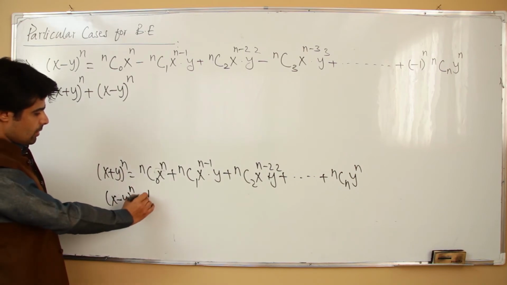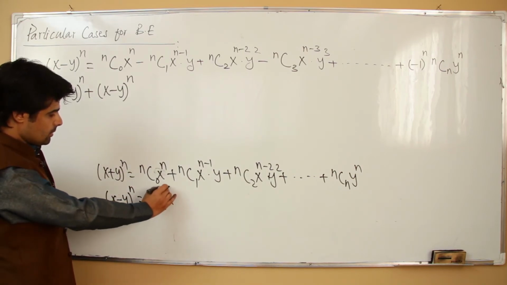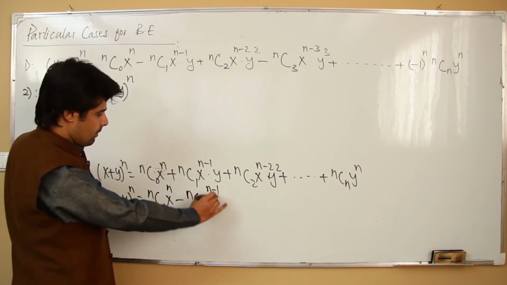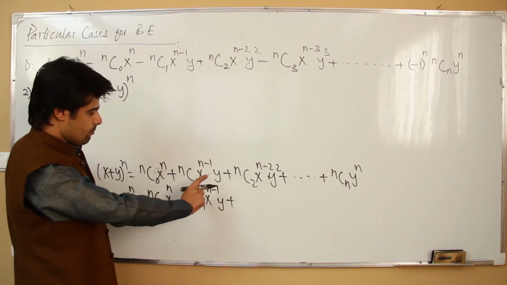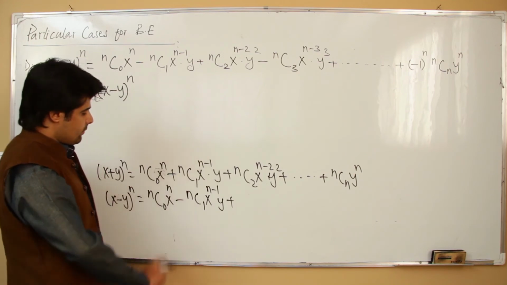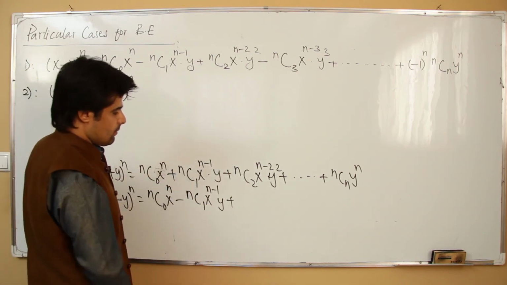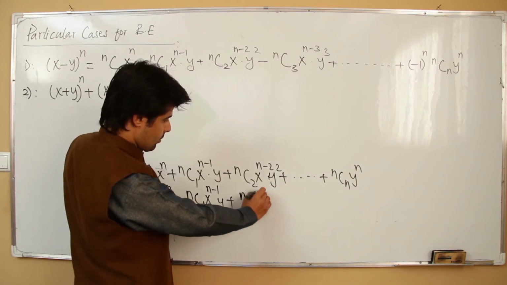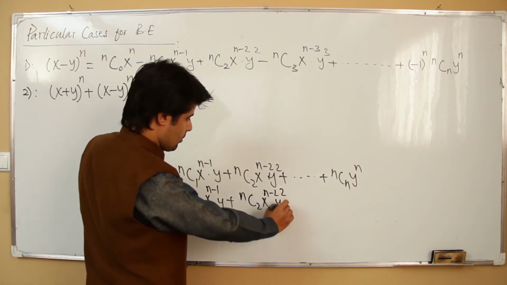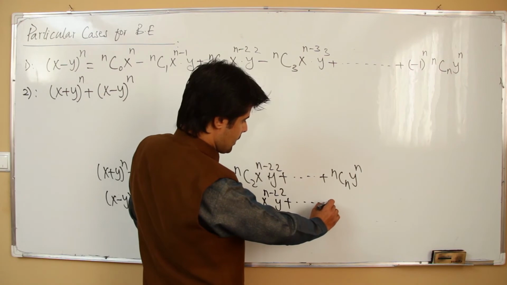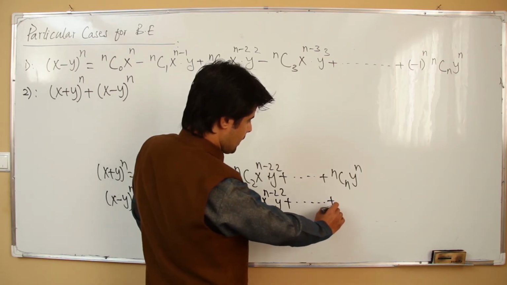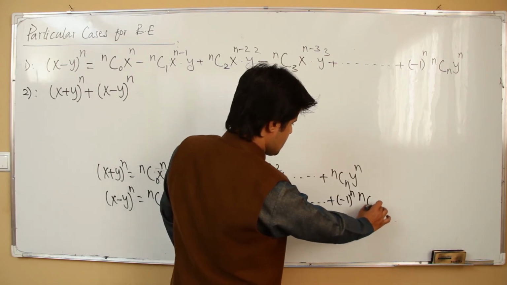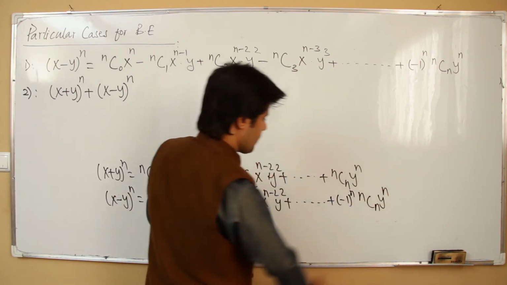What is the formula? nC0 x^n − nC1 x^(n−1) y. It's the same, but the signs alternate: positive, negative, positive, negative, like this. Then + nC2 x^(n−2) y^2 and so on up to (−1)^n nCn y^n.